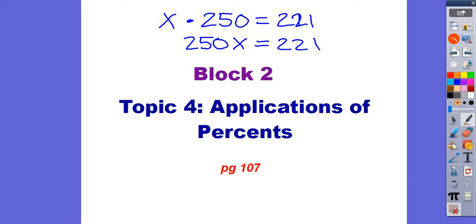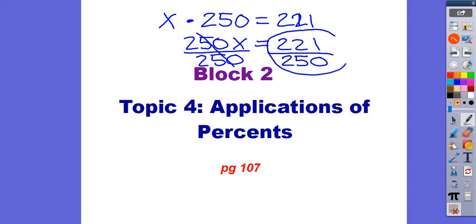I've got to do the opposite operation of what's happening. You said multiplication's happening, right? So I'm going to divide. What I do to one side, I have to do to both. You're writing all of this on your number 2. I'm going to divide by what's attached to my x. 250 is attached. I want it off. So I got it off by the opposite operation. Now I have a math problem of 221 divided by 250.